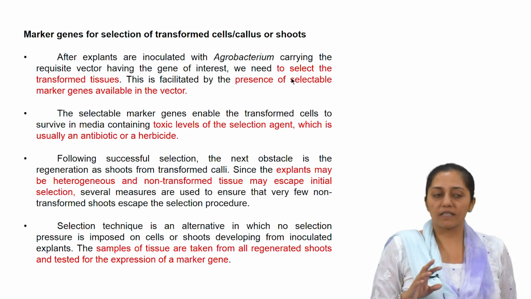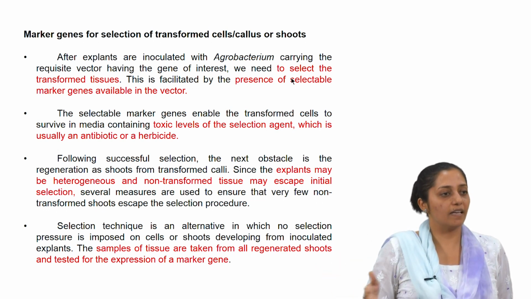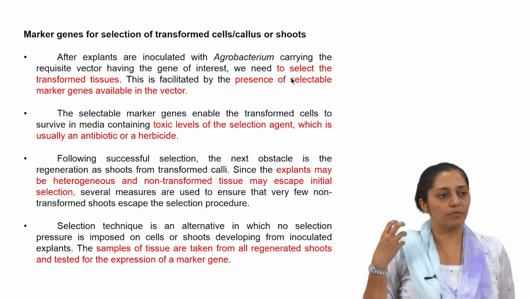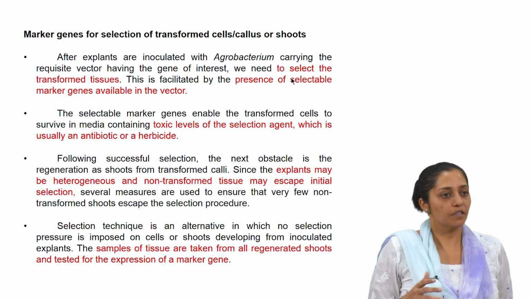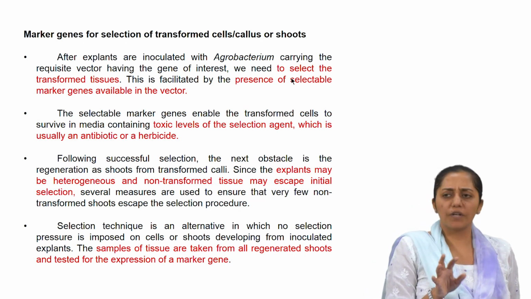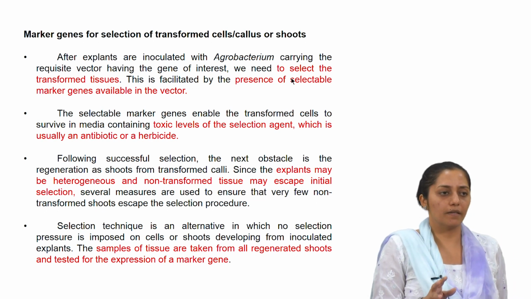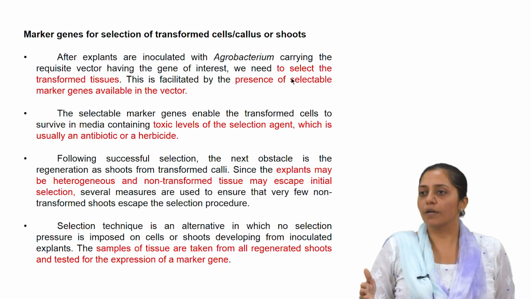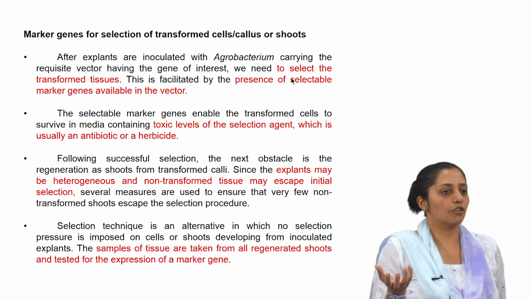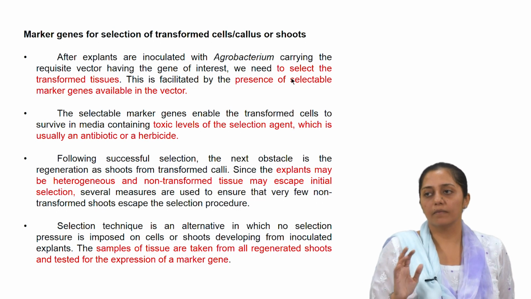So, after successful transformation, the culture has to be taken away from the Agrobacterium, which has to be removed. After 48 hours, which is generally the timeline for exposure to the Agrobacterium, it is kept on a high concentration of carbenicillin or any antibiotic to which Agrobacterium is sensitive.